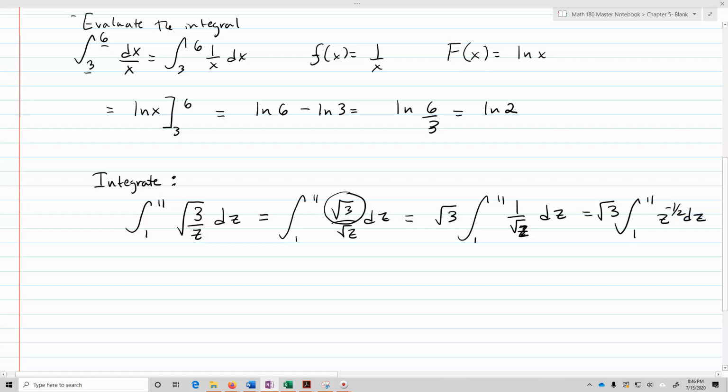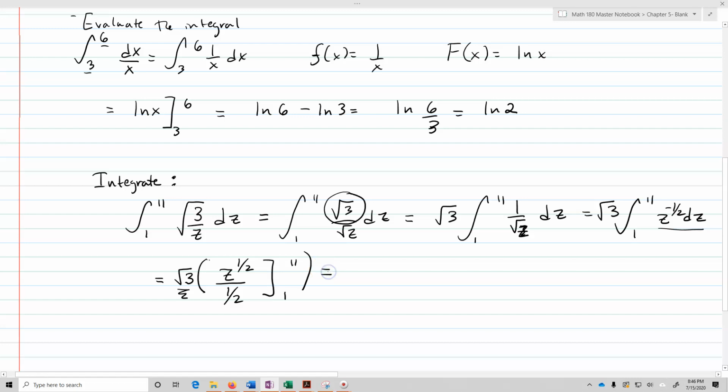In integration, it's always easier to work with powers than roots, just because we have a power rule. So that's what you should do. Now we take the antiderivative of z to the negative 1/2, which is z to the 1/2 over 1/2, evaluated from 1 to 11. We take that antiderivative, and at the end, we'll multiply by root 3.